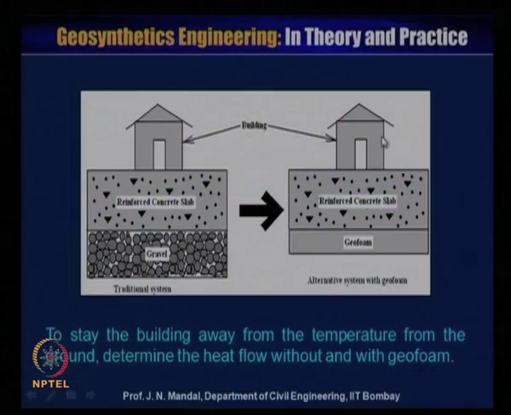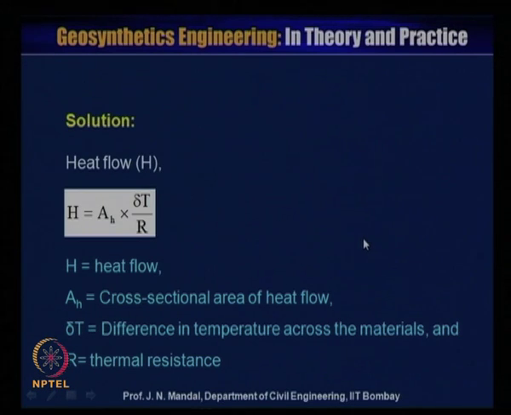But as an alternative, if we use the geofoam instead of gravel or brick and construct a building for storage here, then we will see how the heat flow is with the geofoam material. So, here is a solution.